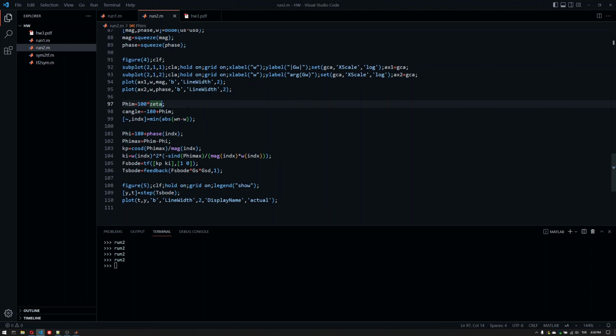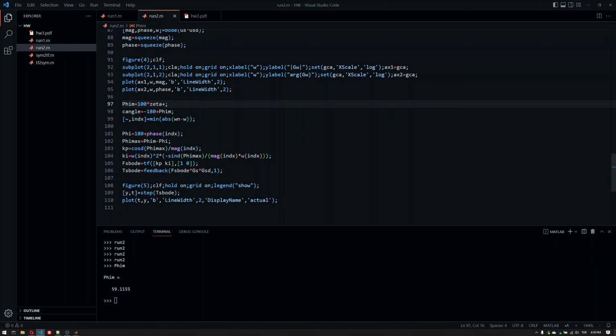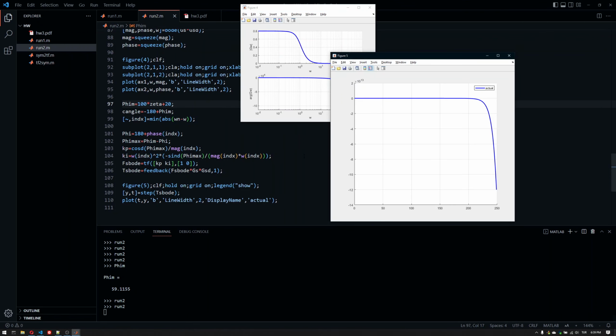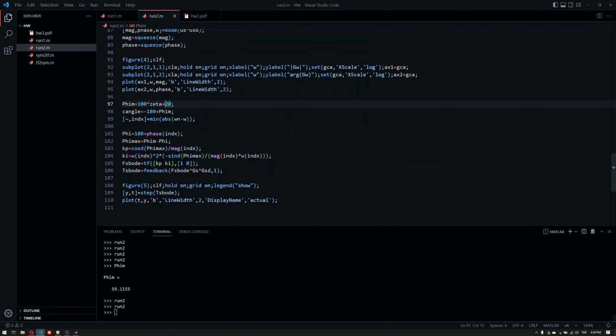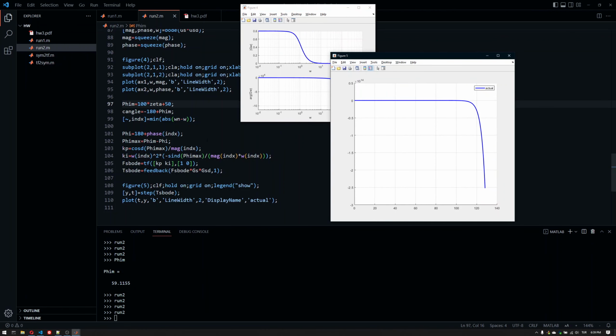So what is phi m, by the way? Phi m is 59 degrees, which is actually not that bad, but what happens if we increase it a little bit, maybe 20 degrees? Let's see, is it going to help any? Nah. Let's make a dramatic change here. Is it going to do? Nope.